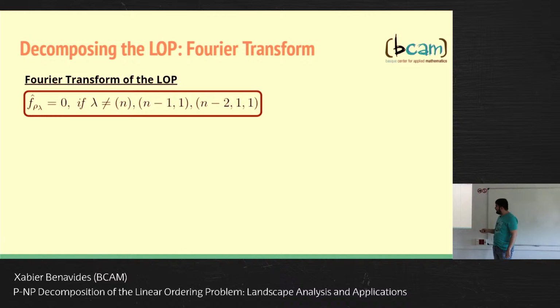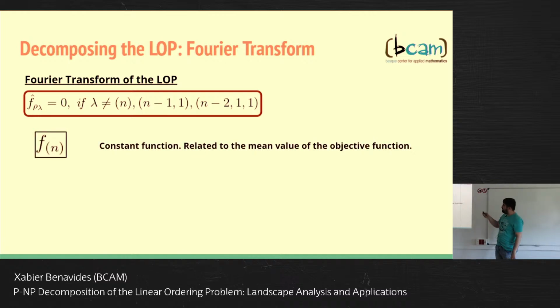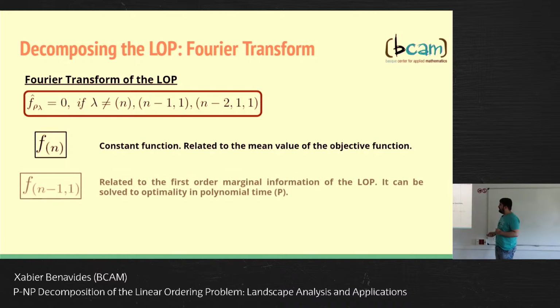If we look at these functions, we'll see that first we have the f_n function, which is just a constant function related to the mean value of the objective function of the LOP. Then we have the f_(n-1,1) function, which is related to the first order marginal information of the problem, that is the univariate information of the problem.